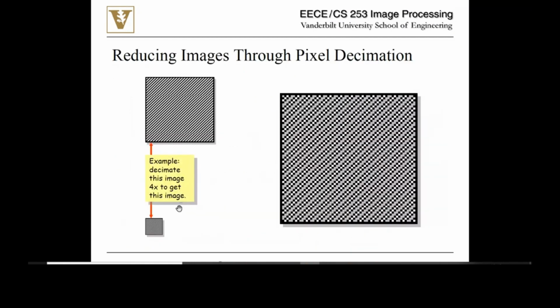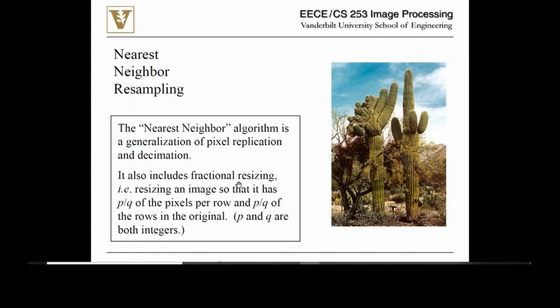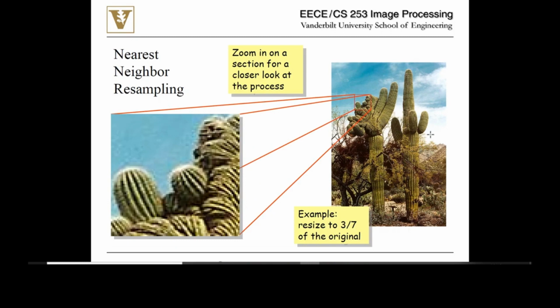This way of making images larger or smaller is called nearest neighbor interpolation. It is an interpolation of degree 0. And here we have some examples. Let's say that we have this input image, and then this is a zoom, and we can make a reduction by a factor that is not an integer, like 3/7, for instance.